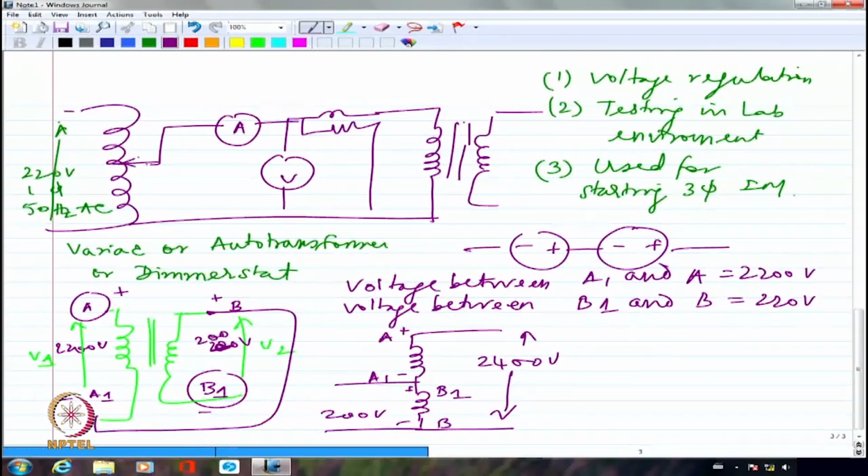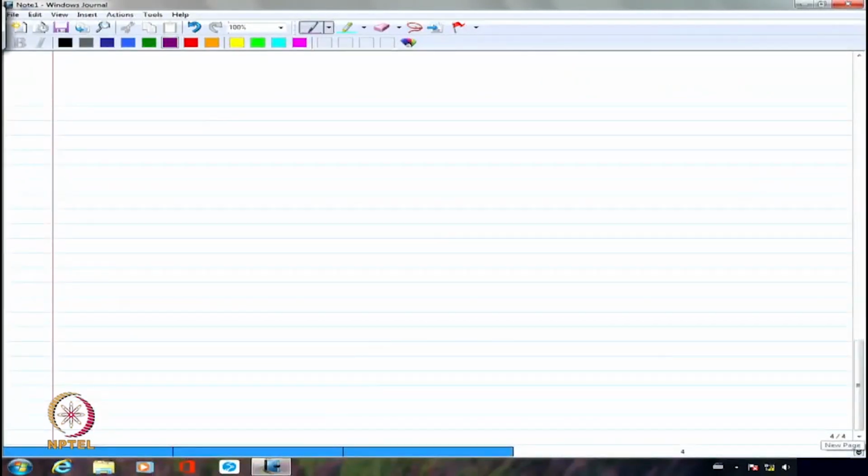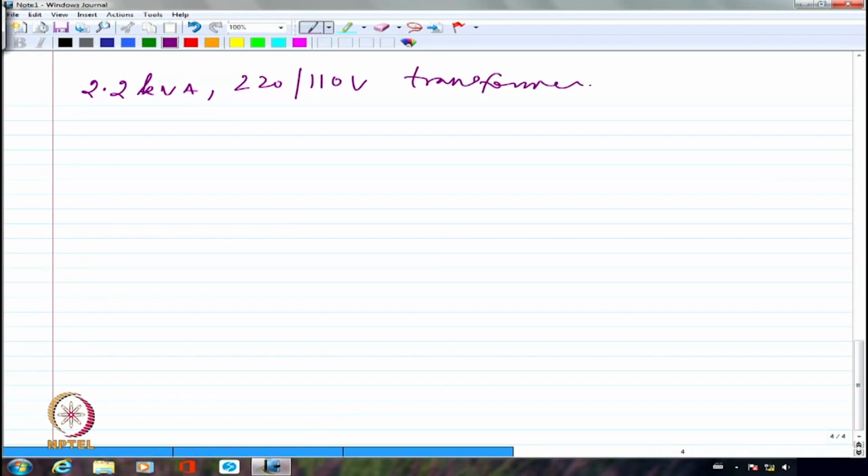So I am going to take my transformer rating, which is 2.2 kVA, 220 by 110 volts transformer. Fine. Now, let me take maybe open circuit test data and short circuit test data.